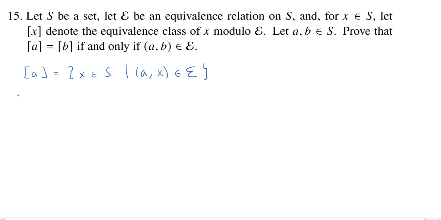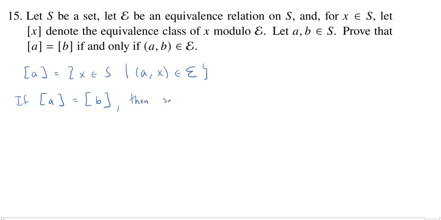So if we assume that the equivalence class of A is equal to the equivalence class of B, it follows that every element of the class of A is an element of the class of B, and vice versa.